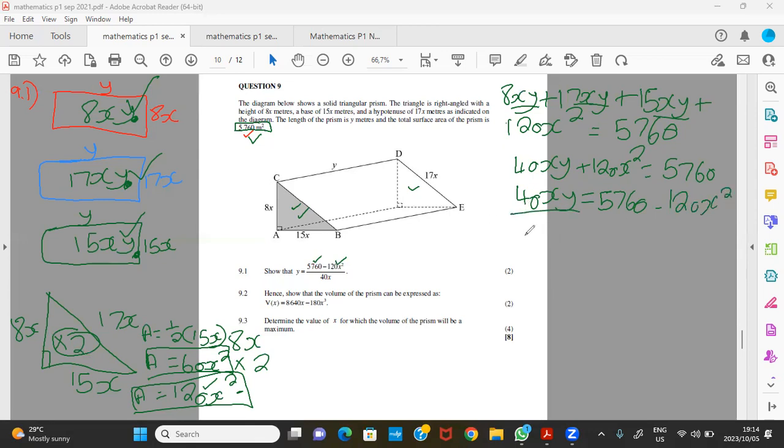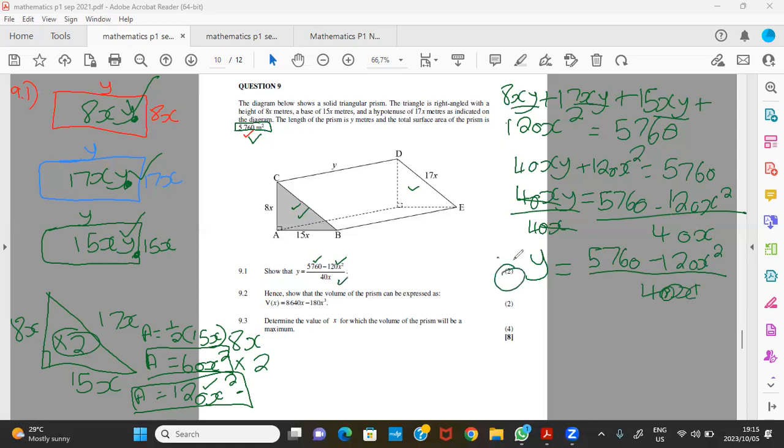Then I'm going to divide both sides by 40x. Then now y is going to be 5,760 minus 120x squared over 40x. And yeah, it looks similar.